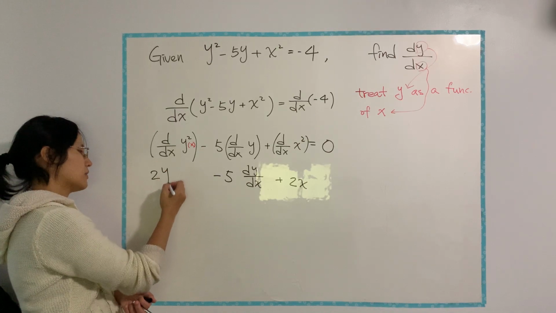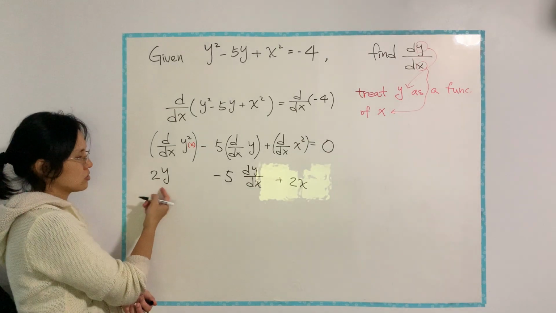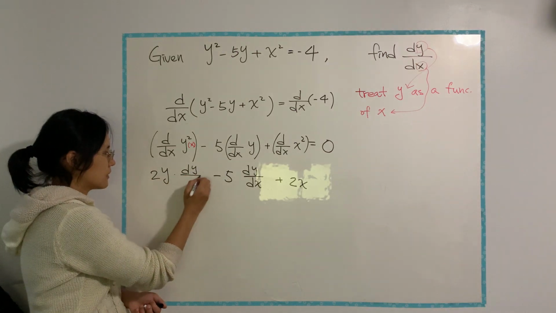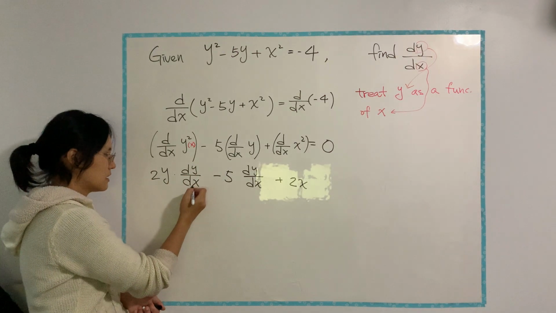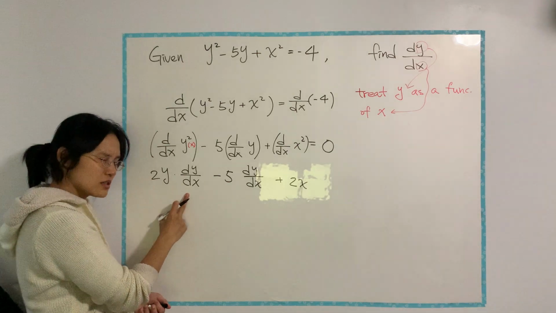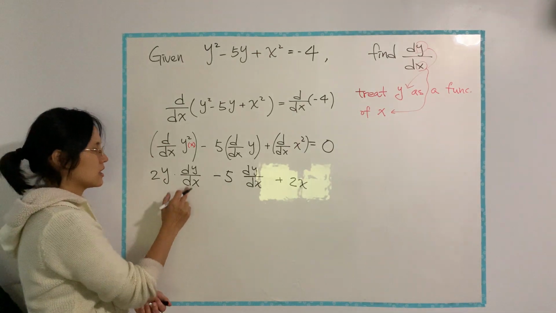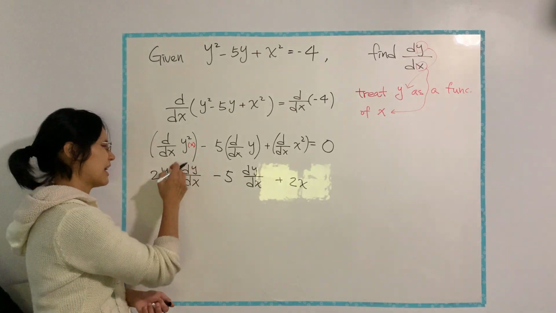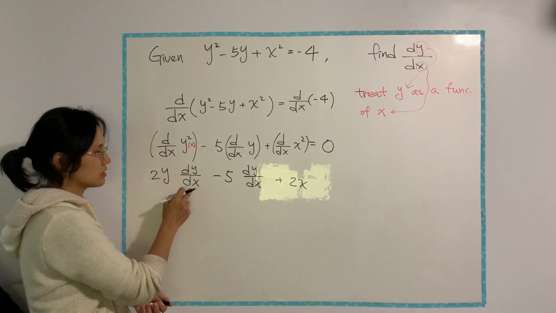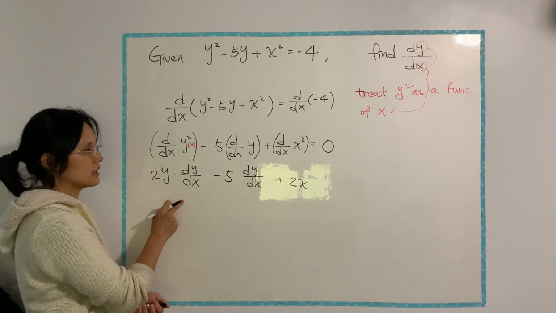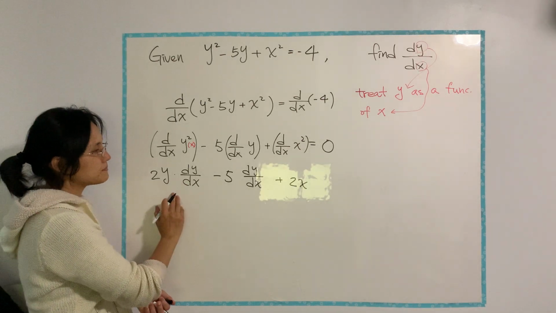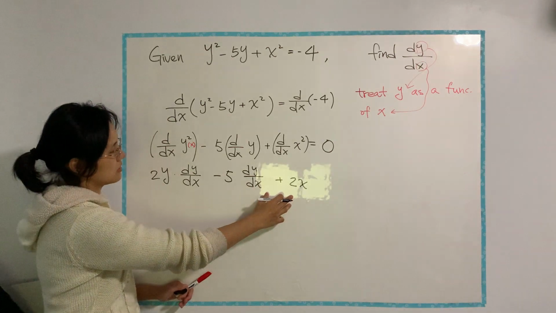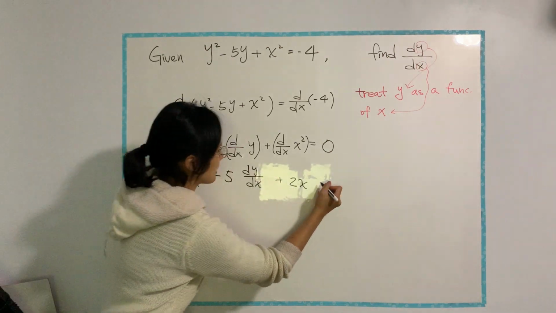The derivative of the outer function is 2y times the derivative of the inner function. Again, we don't know what y is in terms of x, but we can denote the derivative by the notation dy/dx. So we have done the derivatives for each term on the left-hand side.